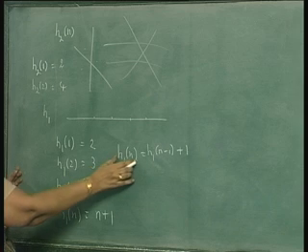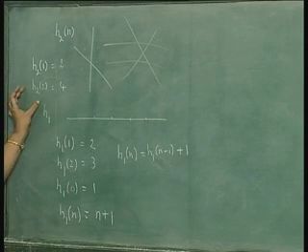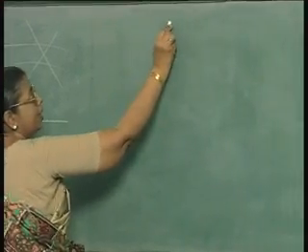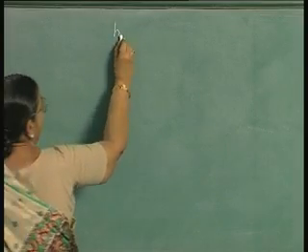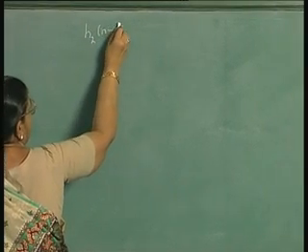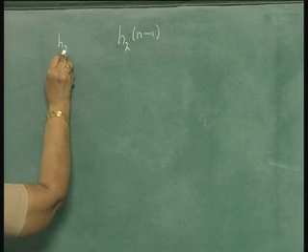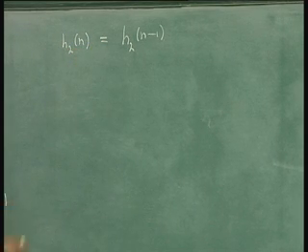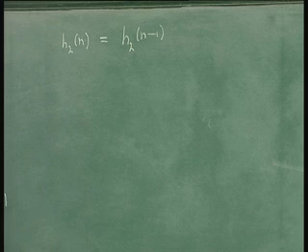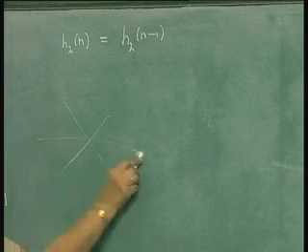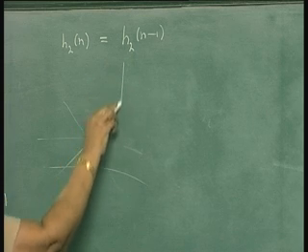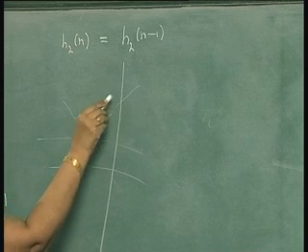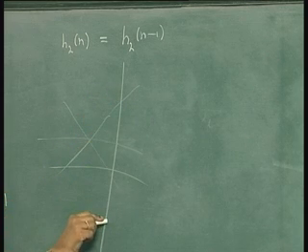We can make use of this H1n for writing the recurrence for H2. Suppose you are having n minus 1 lines, then the plane is divided into H2 n minus 1 regions. Now, we want to express H2n in terms of H2 n minus 1 and something else. What is that? The plane is divided into some regions. If you want to add one more line, then this one more line is cut by n minus 1 lines.